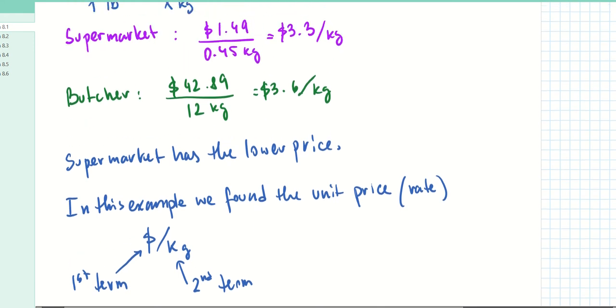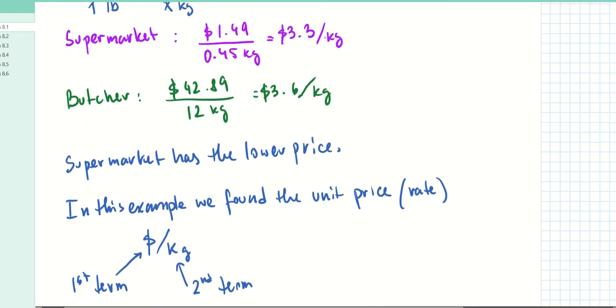I did not write 1 kilogram, I just wrote kilogram, but that just means per 1 kilogram. You can actually write a 1 in front of it, but it's not really necessary. That means it's the dollar amount per 1 kilogram. So that's what makes this a unit rate, or in this case, a unit price, because it's dollars per whatever item, per kilogram in this case.